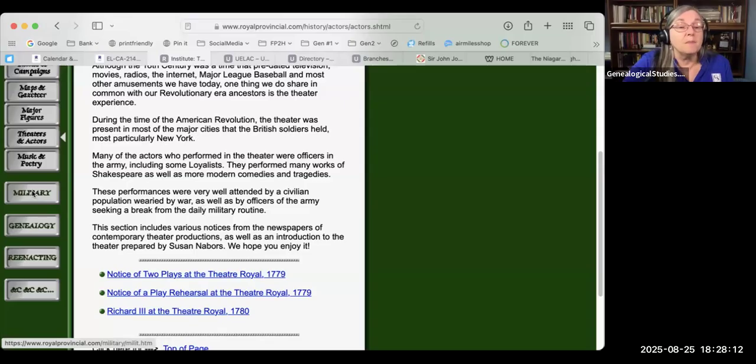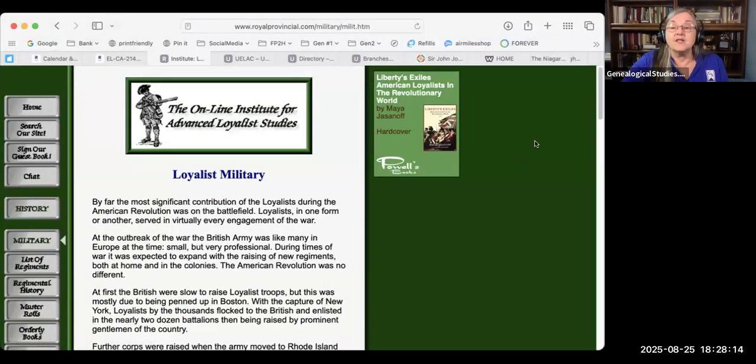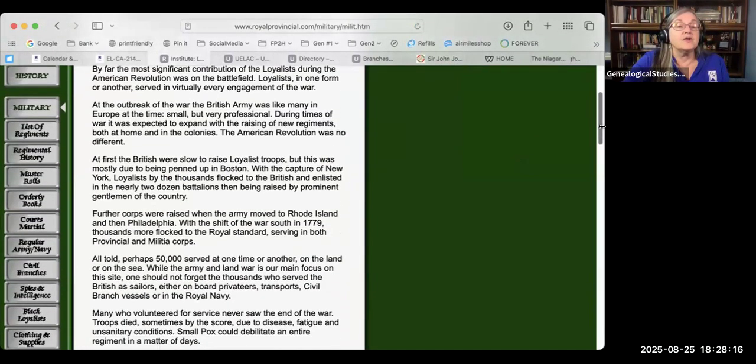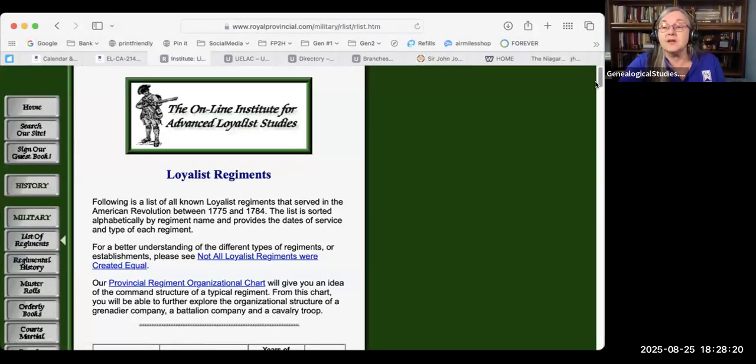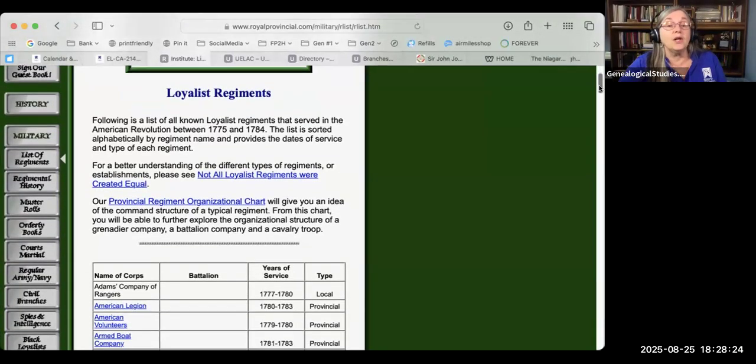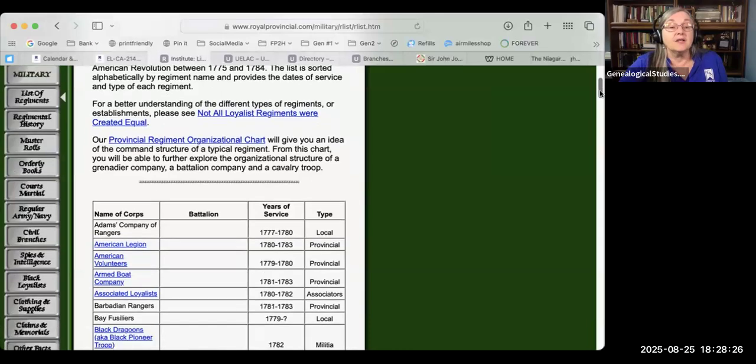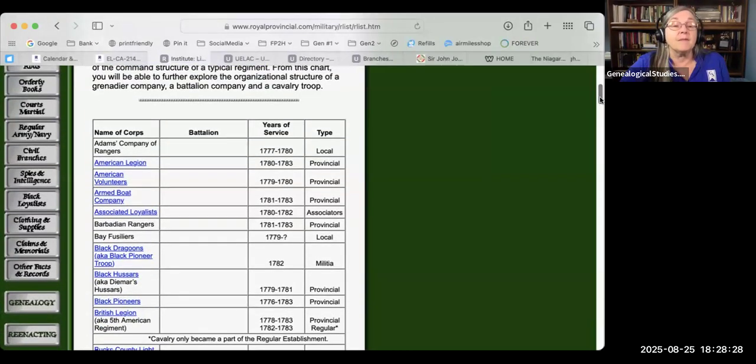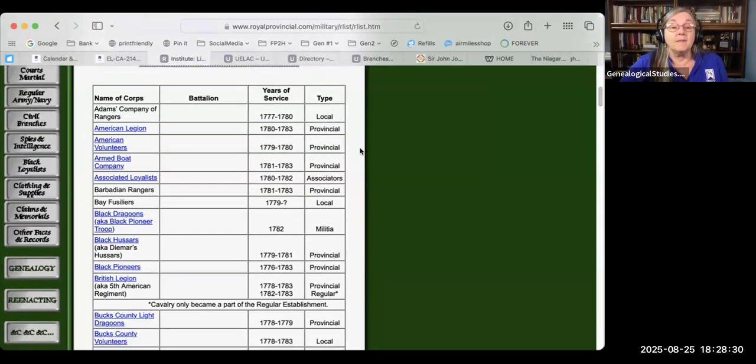But then you go to military, this one. And there's a lot of regiments. Here's a list of regiments, and this is the one main one that I wanted to share with you today: loyalist regiments. It just gives a list of them alphabetically, and the years of service.